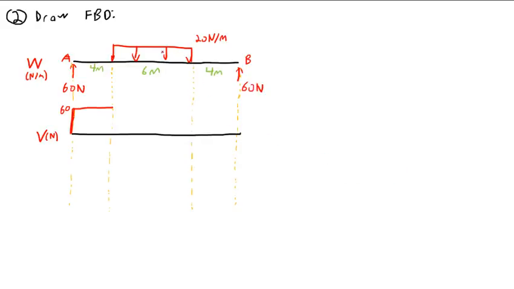Okay, so we need to think in terms of areas now. Remember that the shear is the area function, the integral of the load function. And we know that a downward loading is going to cause a drop in the shear. So how much does it drop by? Well, what is the area under the curve? So 120.